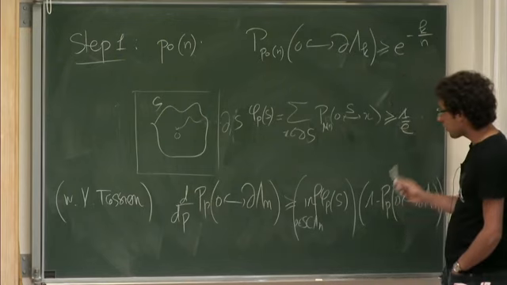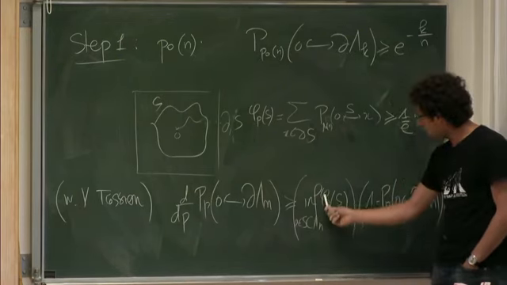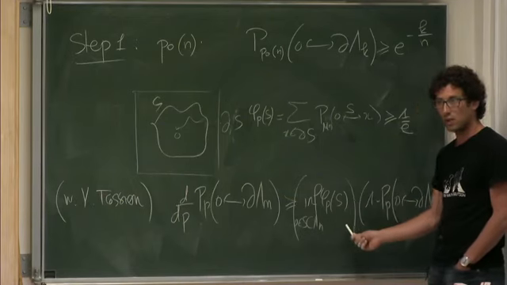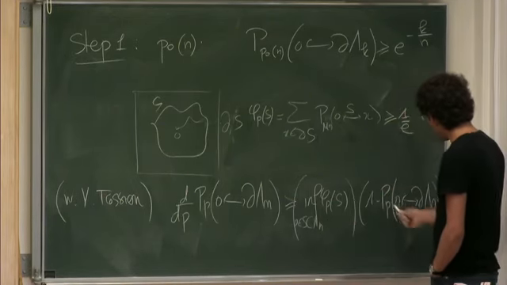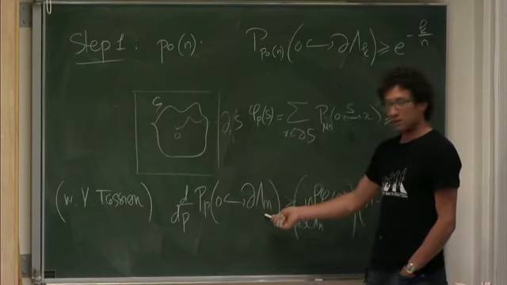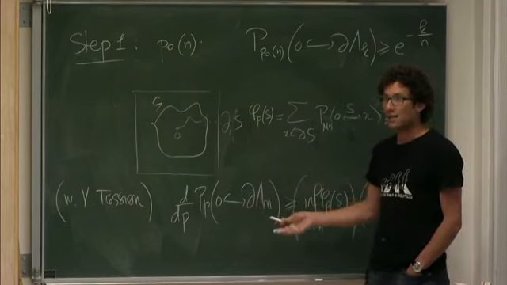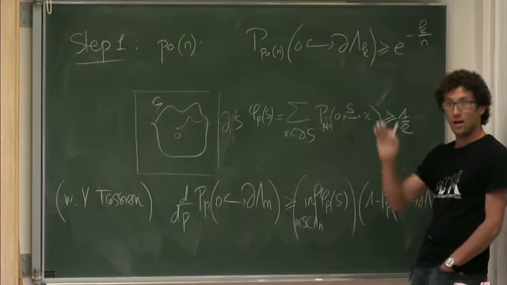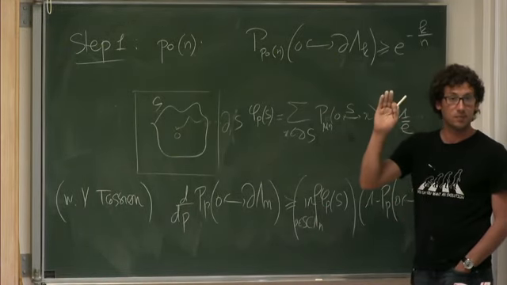So in particular, as soon as you know that all these phi p of S are larger or equal to 1 over e, the probability of 0 connected to the boundary of the box of size n has to blow up, to grow linearly at least.